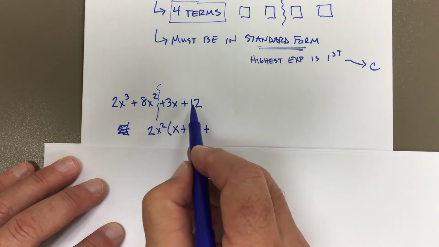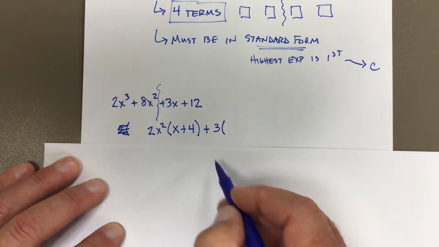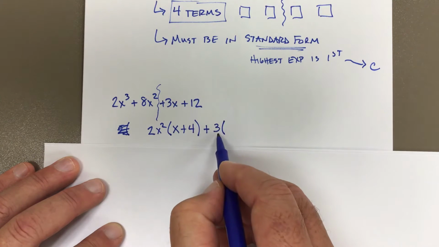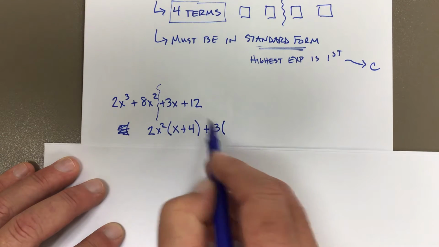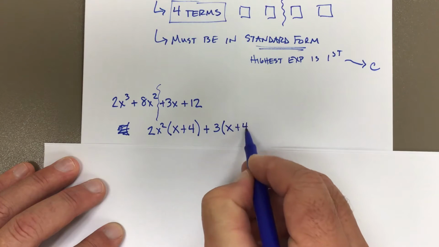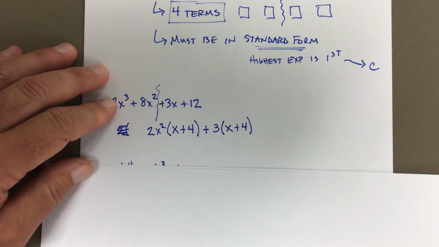Now, what does a 3x and a 12 have in common? They have a 3. They don't have x in common because this one doesn't have x, so that's the only thing they have in common. And then divide. 3 by 3 is 1, so you're left with x. 12 divided by 3 is 4. Now, look closely at what's left over here.